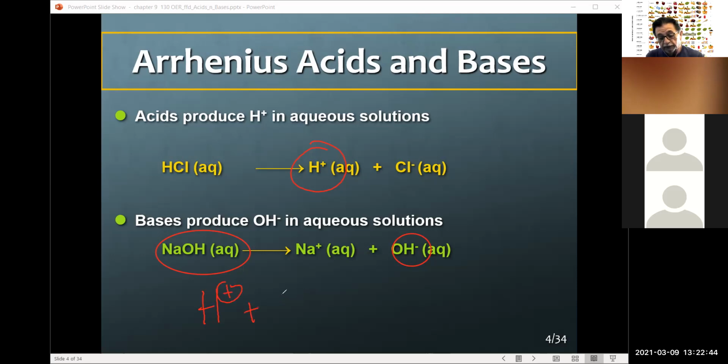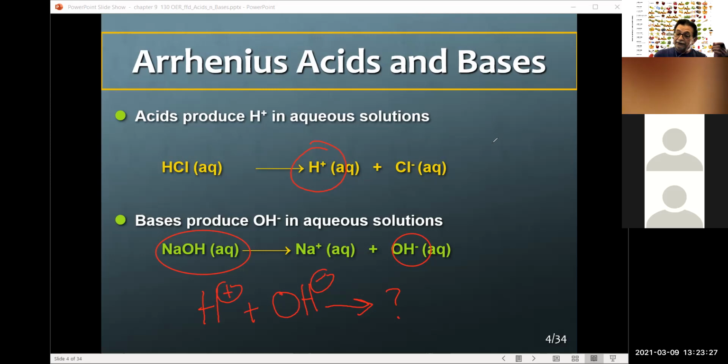And if we combine it with the hydroxide, which is negative, would anybody want to take a guess as to what the product would be? Let me give you a hint. We have tons of it on Earth. You have a lot of it in your body. You may be drinking some of it right now, like I am.